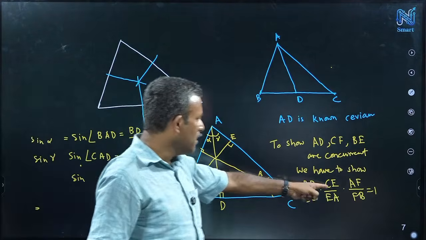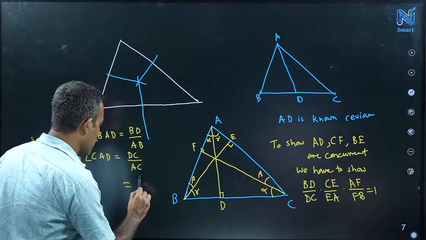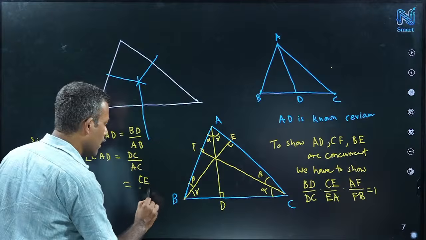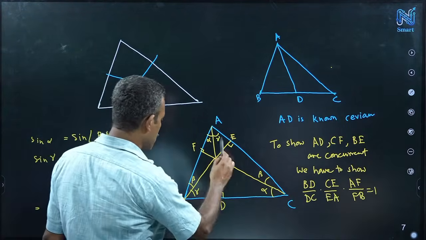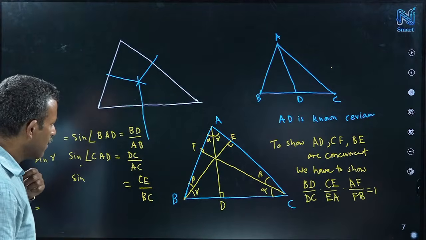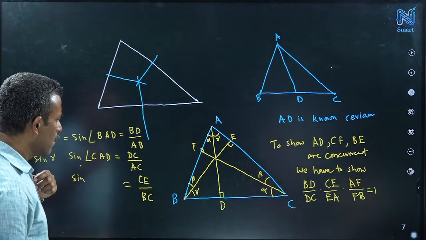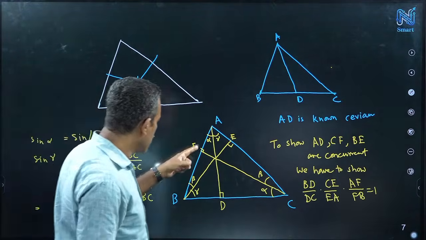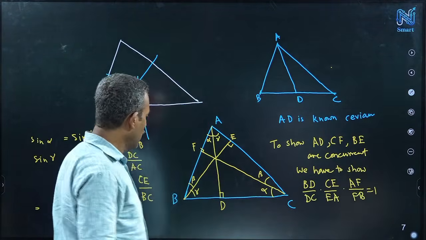Now what about this? We need C by BC, right? So what is C by BC? Sine gamma, right? Then alpha, gamma, beta.